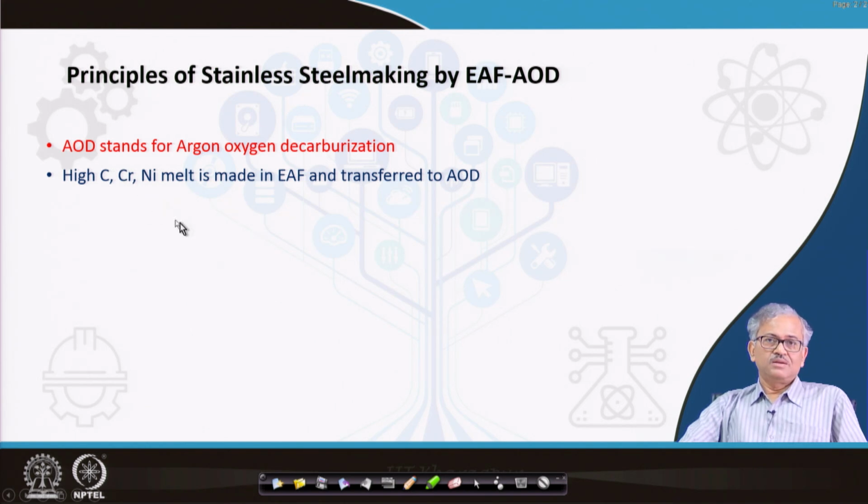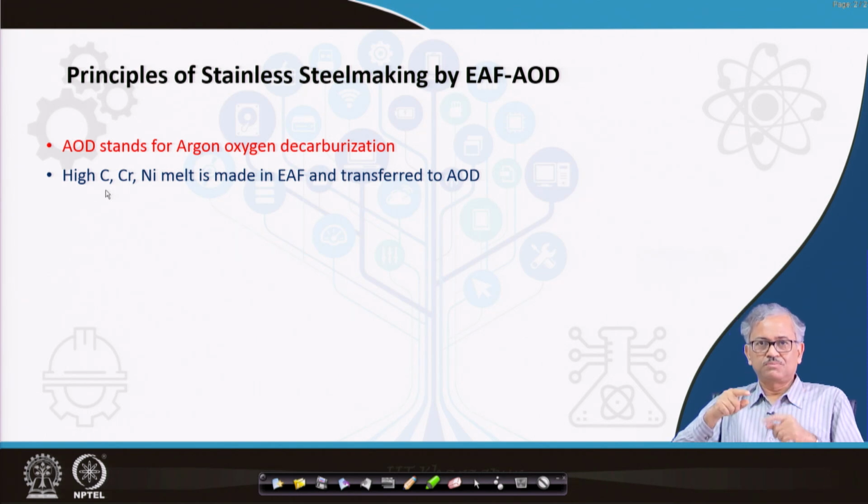And that can be done if I can reduce the partial pressure of CO, because the product of oxidation of carbon is a gas, CO gas. The chromium oxide and nickel oxide are all solid. They will remain in the slag, but CO will go away from the system. So CO formation is definitely controlled by the pressure.